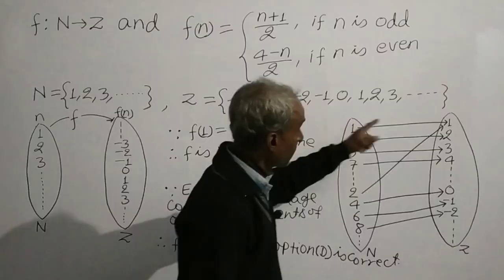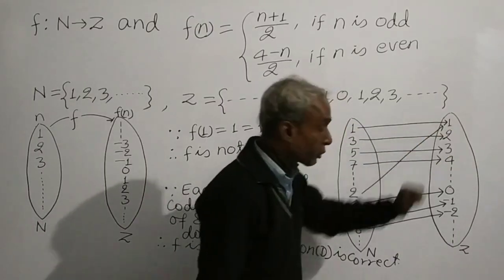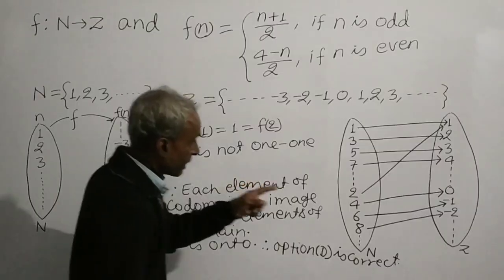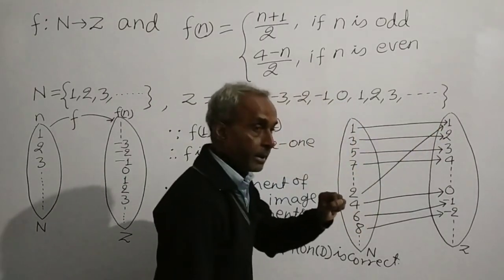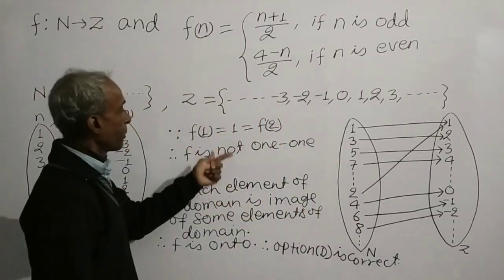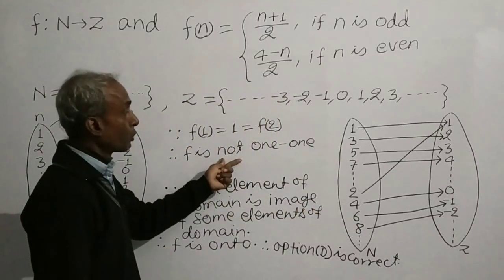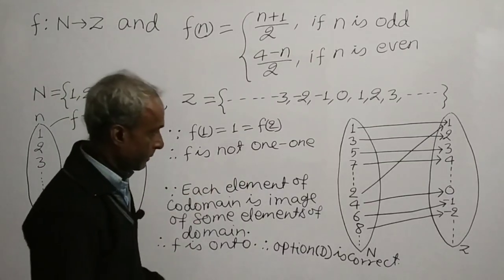Image of 1 is 1 and image of 2 is also 1. Since the image of two different numbers is the same number, therefore f is not 1-1.